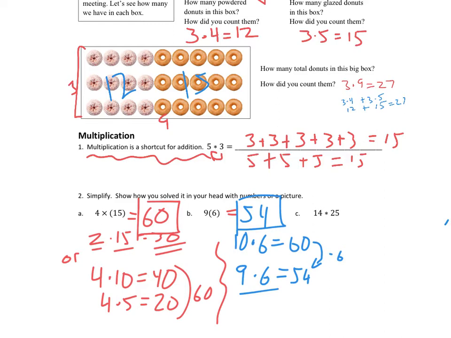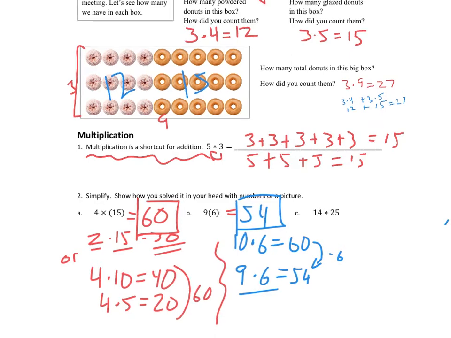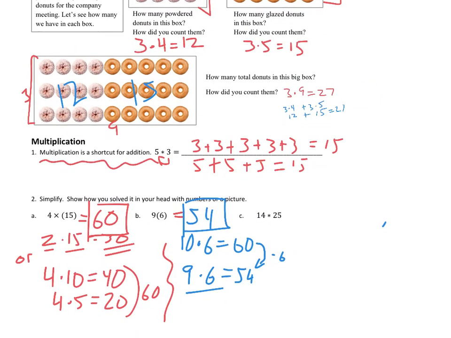Some little things to help picture these better, all right? If you have 14 times 25, oh, there's some big numbers. All right, well, it's getting a little bigger. Well, do you know what 4 times 25 is? Well, we know that's 100, right? Thinking like money, like quarters.